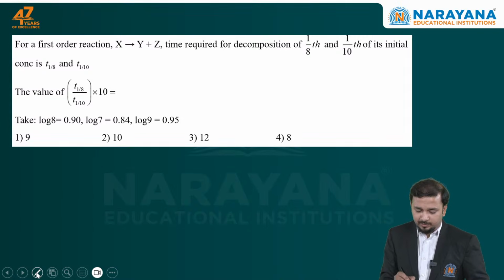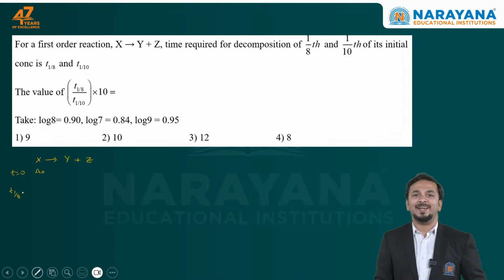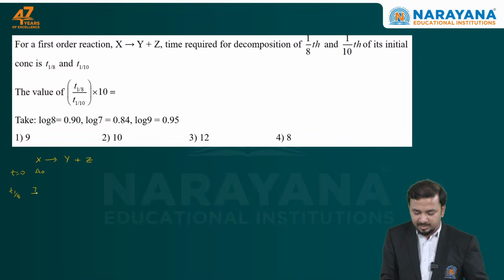So first of all, let's take a reaction which is given, X gives Y plus Z. Let's say at T is equal to 0, it is A naught. So at T1 by 8, they are saying that 1/8 of the reaction is decomposed. So left reactant will be 7 by 8 times A naught.